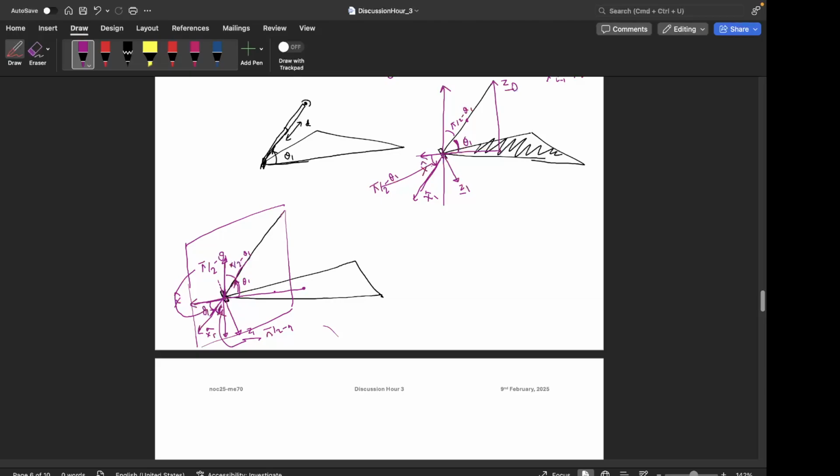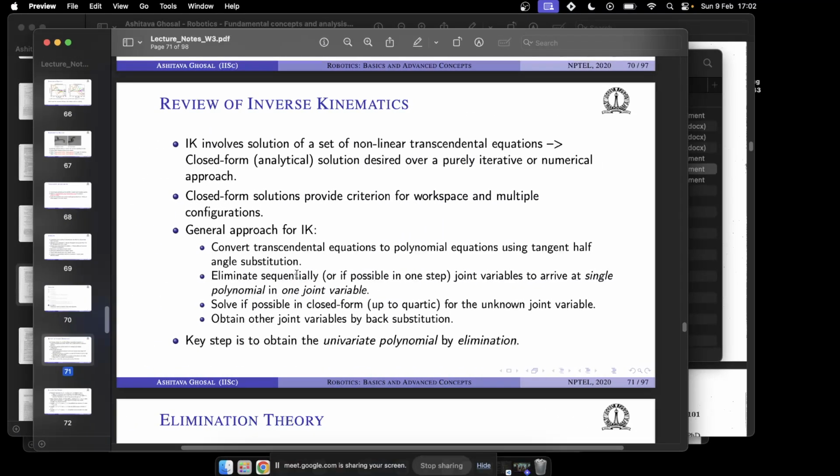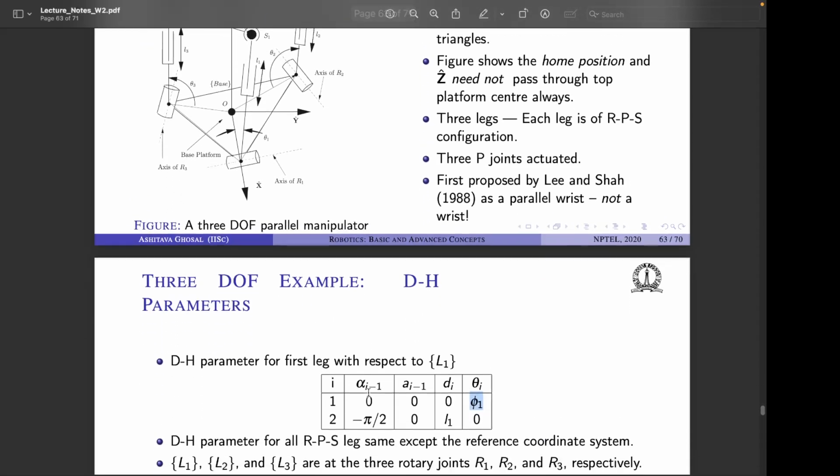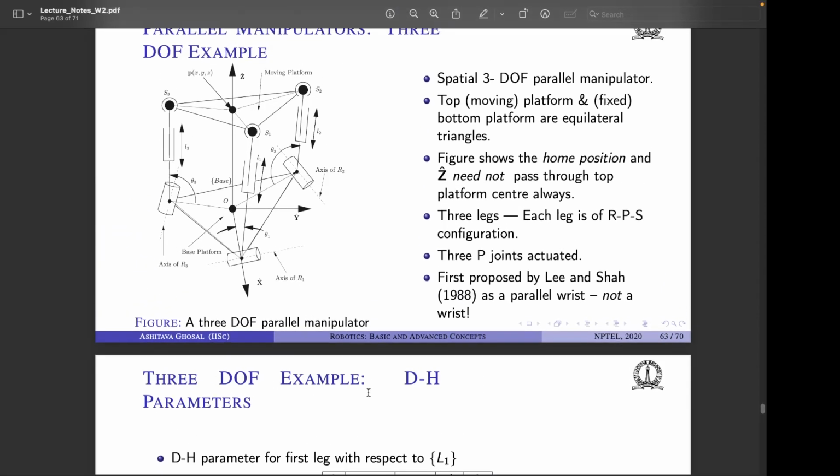And theta i is between the x axes. Yes. So if you see the minus pi by 2, minus pi by 2 is basically the rotation of the z axis from the first to the second.